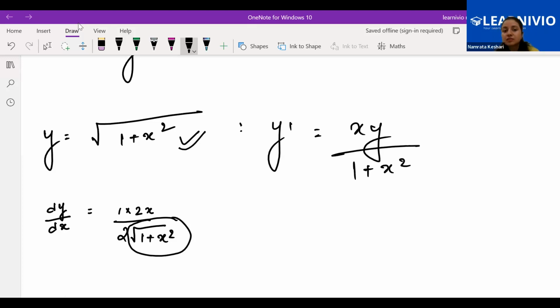You have done the derivative of 1 plus x square, right? Yes, ma'am. But I don't know how you wrote this answer from where. I remember this, ma'am.